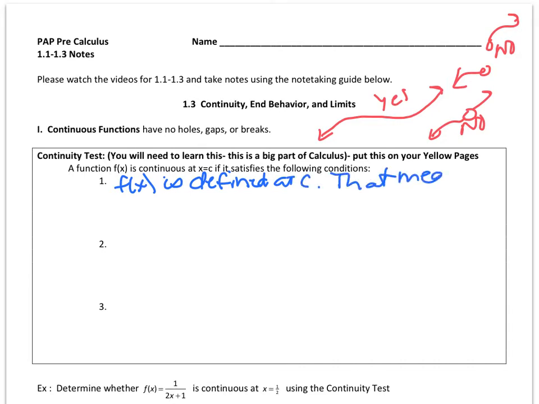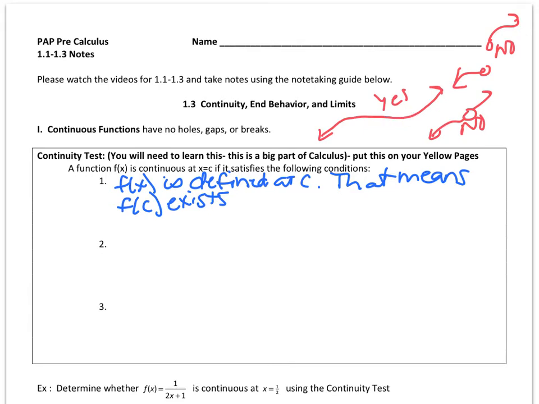That means that f of c exists. So you can basically find a point. If c was, say, 2, and I said to find f of 2, you'd be able to find a y value. So you have to have an actual point there. You can't have any holes in there or any gaps. You have to be able to actually find a particular point.